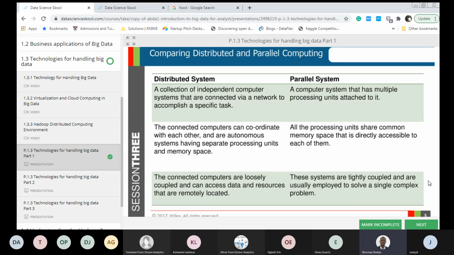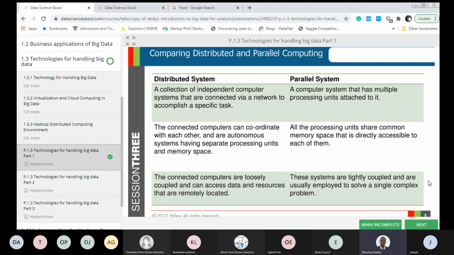The computers in distributed computing are coordinated in a way that a job is split among them, and it's designed in such a way that they are autonomous. They are autonomous, so they are independent.